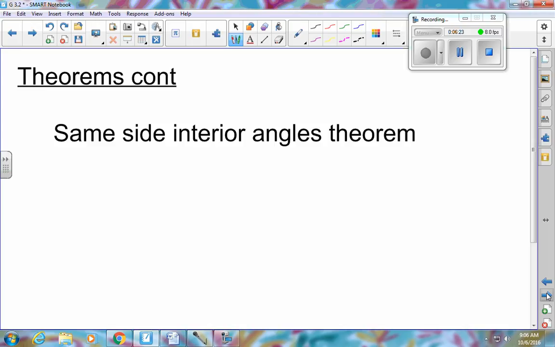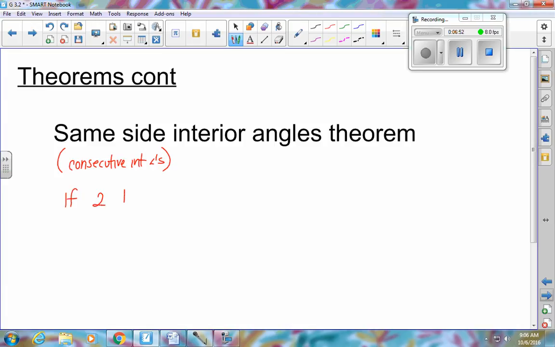Okay, now we have another one. Same side interior angles. Remember, your textbook does call these consecutive interior angles. We're just going to use same side. Now, this one's a little bit different. If you look at your same side interior angles, that would be 2 and 3 are a pair, and 7 and 6. If you look at them, they don't look congruent. So that's definitely not an option here. So for these two, it's still going to start out the same way.